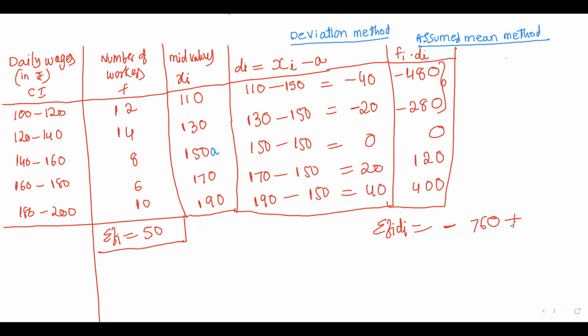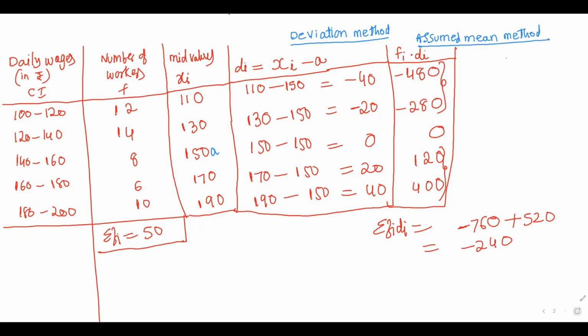Now positive numbers should be added and they will get a plus sign. Add these two numbers, you will get 520, and the resultant is minus 240. Yes, minus 240 is sigma fi di.